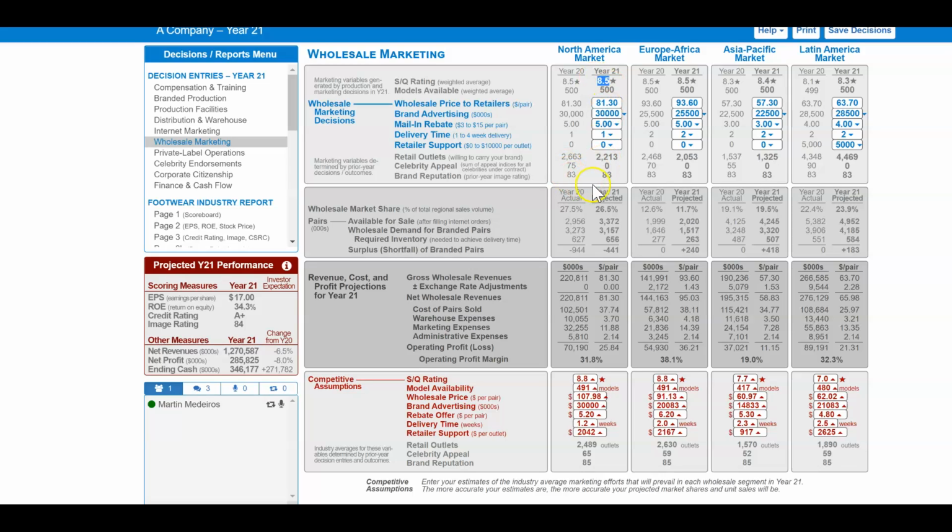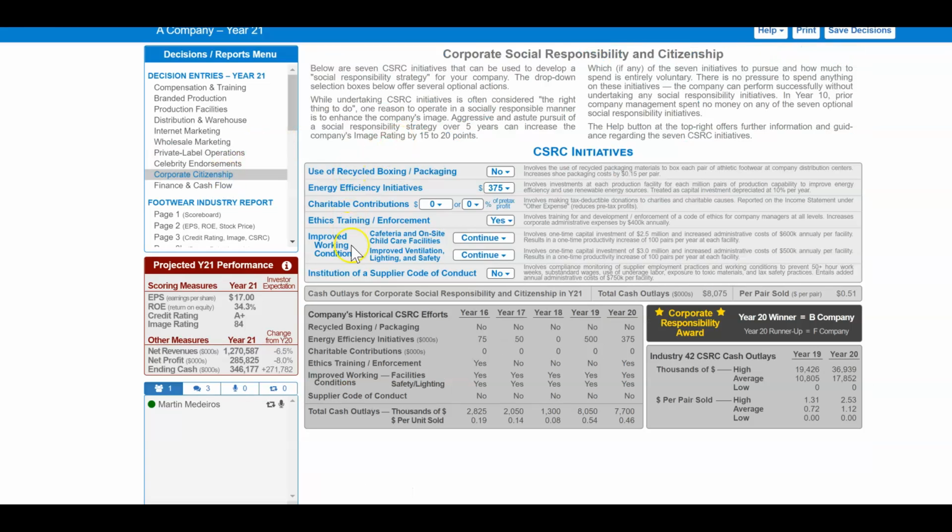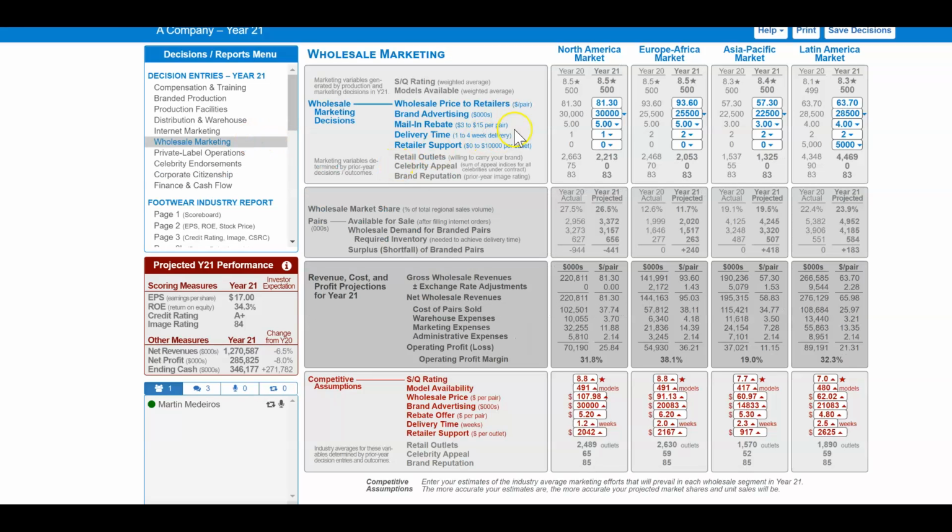And the third thing that impacts brand reputation is their corporate citizenship. In corporate citizenship, they could do things like recycling, have high energy efficiency in their factories, have ethics training, things like this that make them seem to be a good corporate citizen. That impacts their brand image. So all of these factors impact the demand for their product. And you can see the wholesale demand is 3.1 million shoes here in North America.